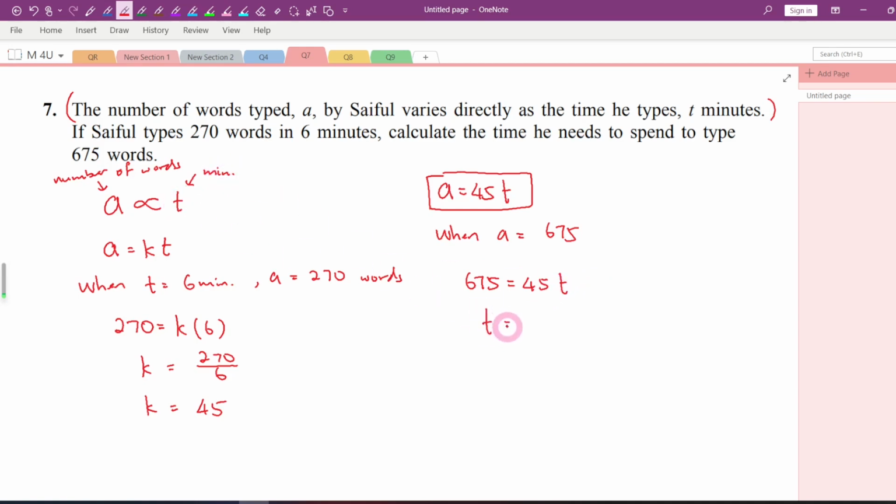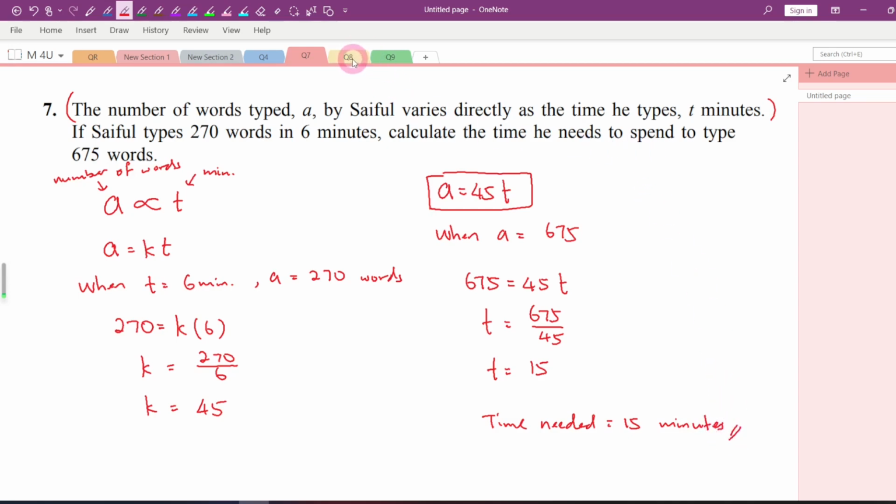So T is 675 divided by 45. You will get 15. So the time needed will be equal to 15 minutes. This is our final answer.